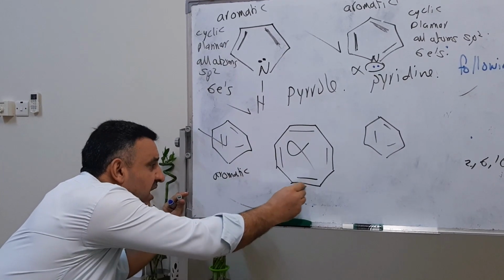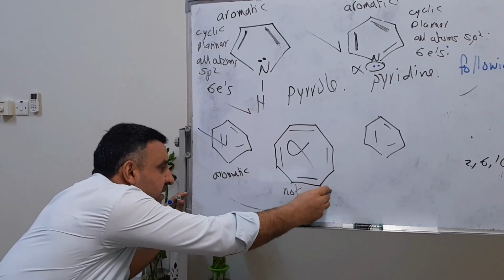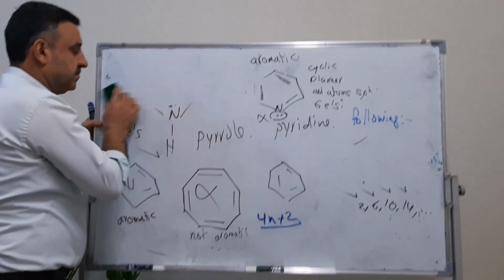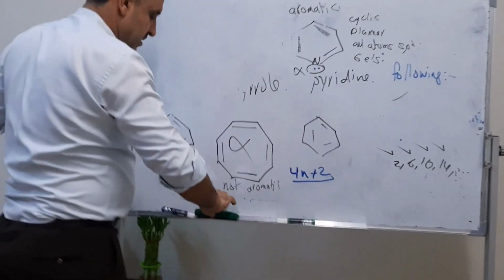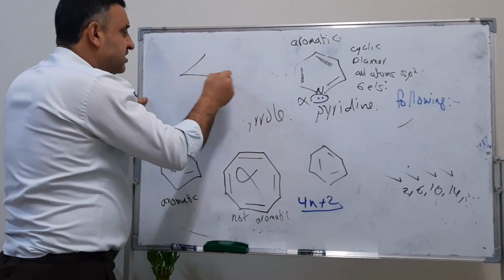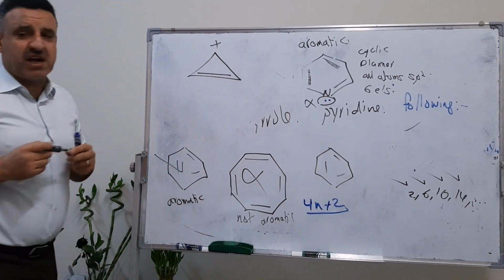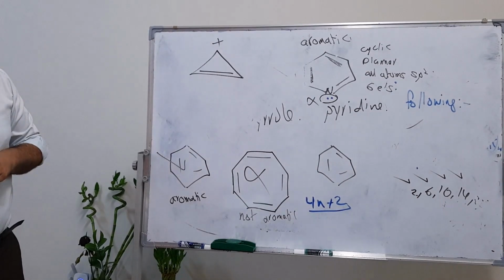This is not aromatic. So what does that mean? Can anyone give examples? Is this species, this carbocation, aromatic or not aromatic?